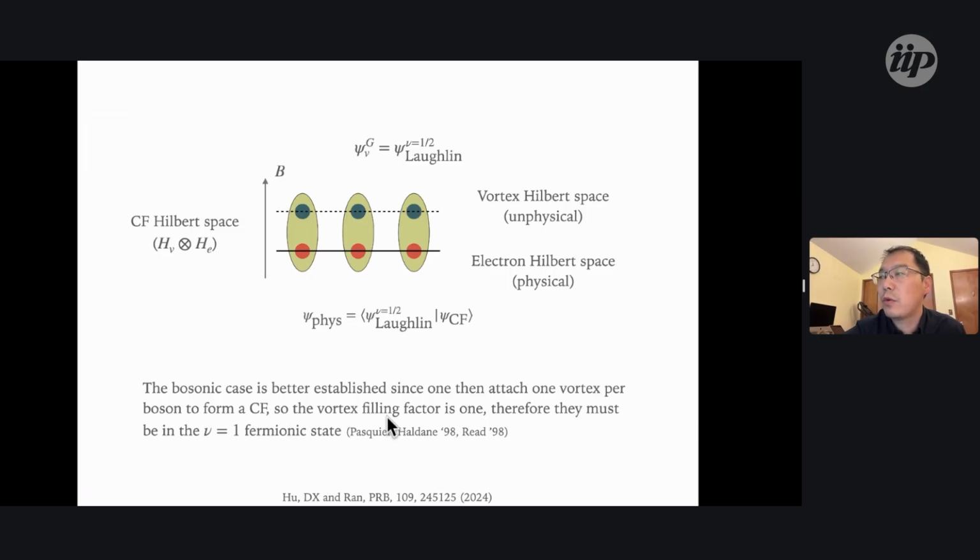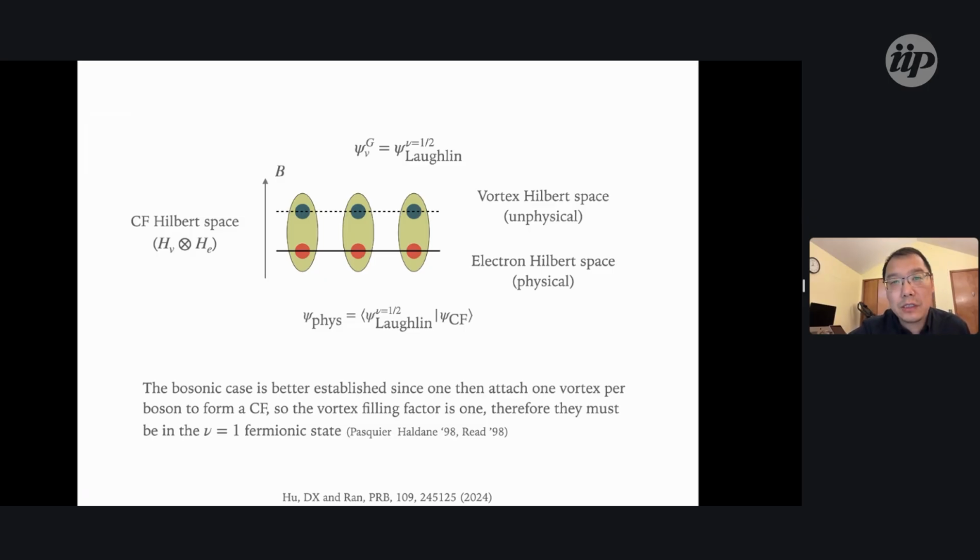So the vortex filling will be 1, and they happen to behave like fermions. So in that case, you don't have to guess what kind of vortex state it is. It's just the ν = 1 Laughlin state, or the ν = 1 integer Landau level state. Okay, so those are basically the rough ideas.